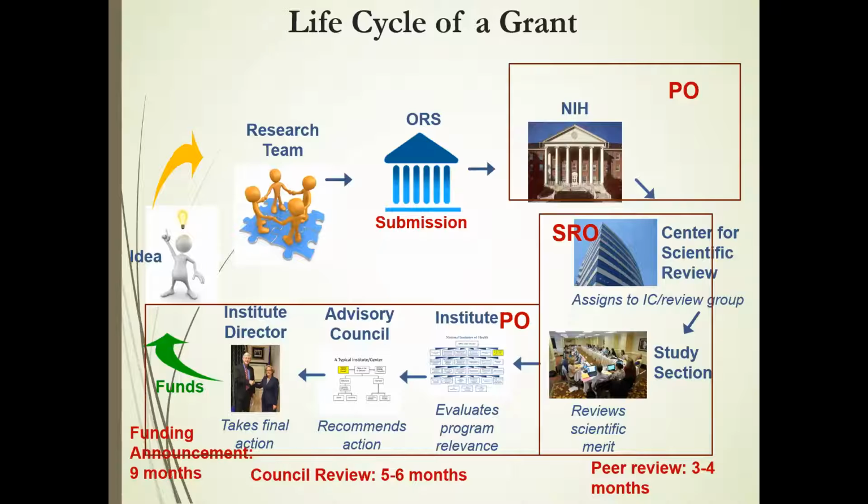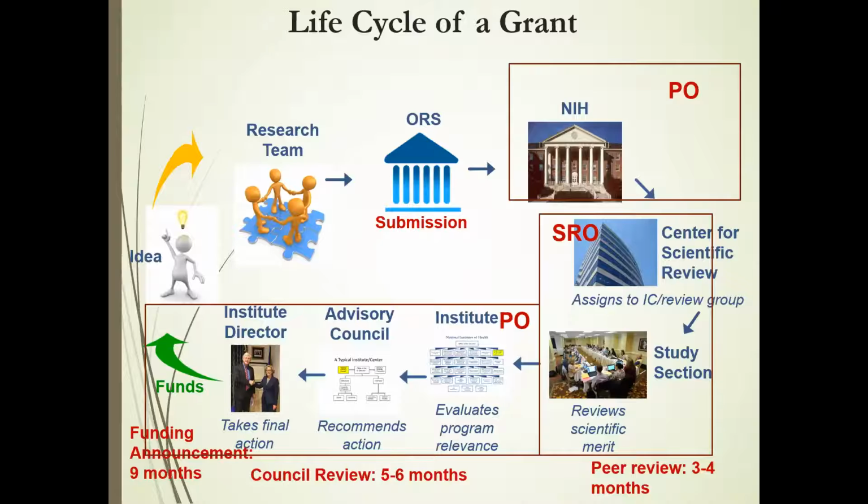The program officer will find out if there's any updated information that's needed. And then it'll be sent to the grants management person at NIH, who will start double checking all the financial related information, putting the award package together to send to the institution, and handling the negotiations with the institution on accepting the award.